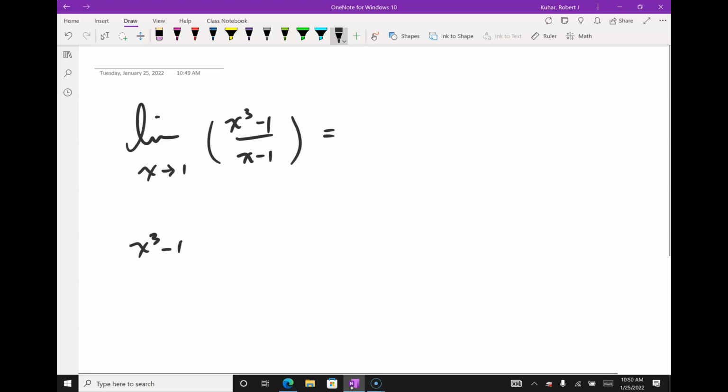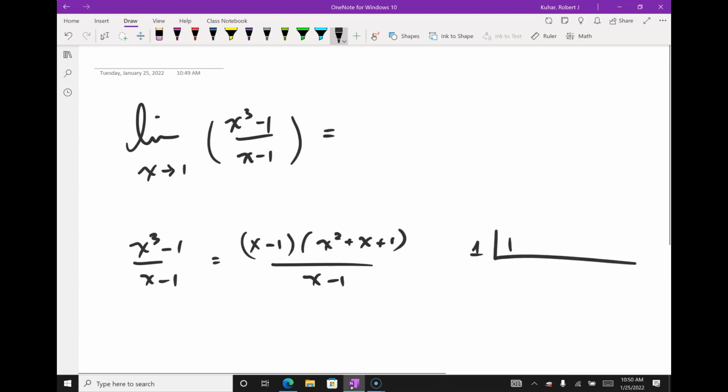X cubed minus 1 over x minus 1. You should remember that that is x minus 1 times x squared plus x plus 1 over x minus 1. I don't remember that well. I usually do synthetic division. I'll check that 1 goes into 1x cubed, 0x squared, 0x, minus 1. Do you remember doing synthetic division in pre-calc?